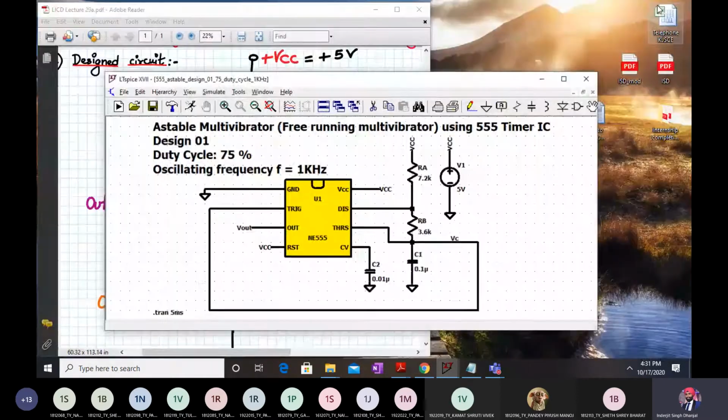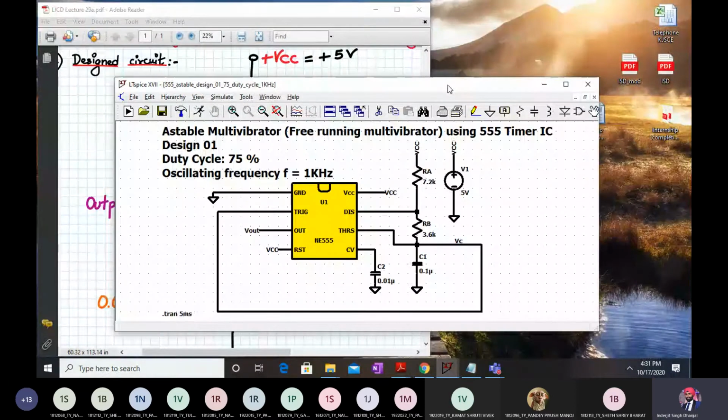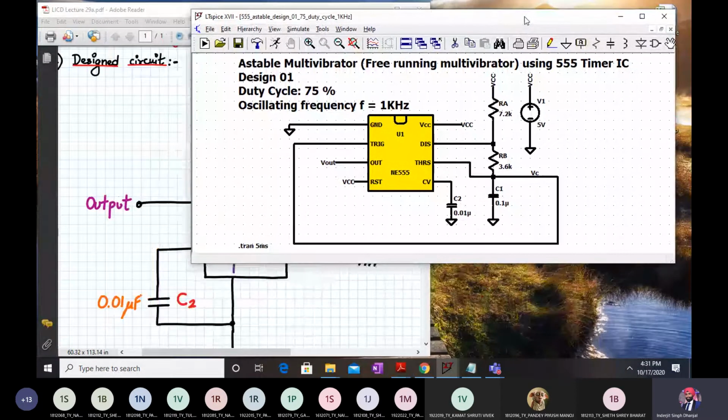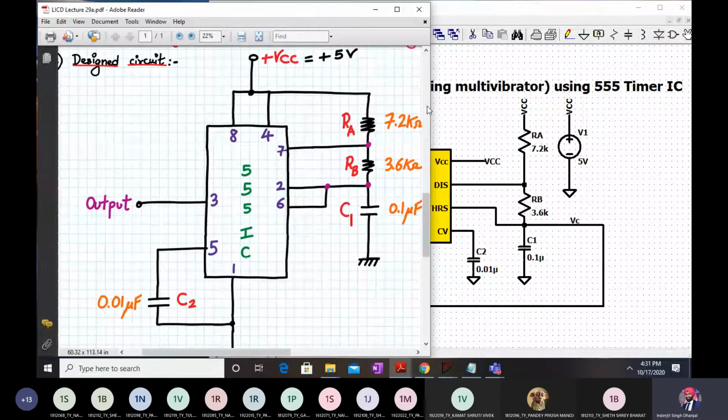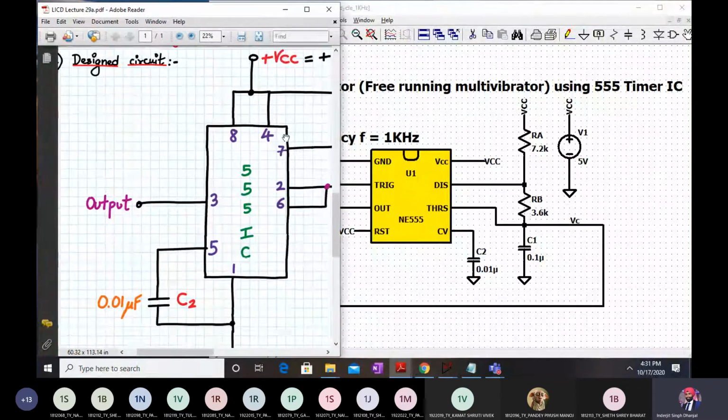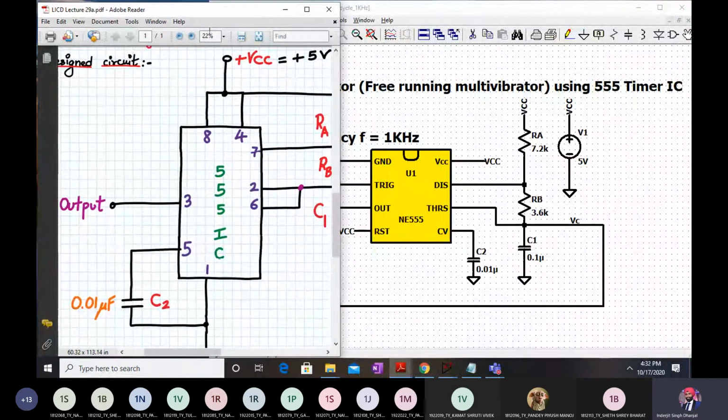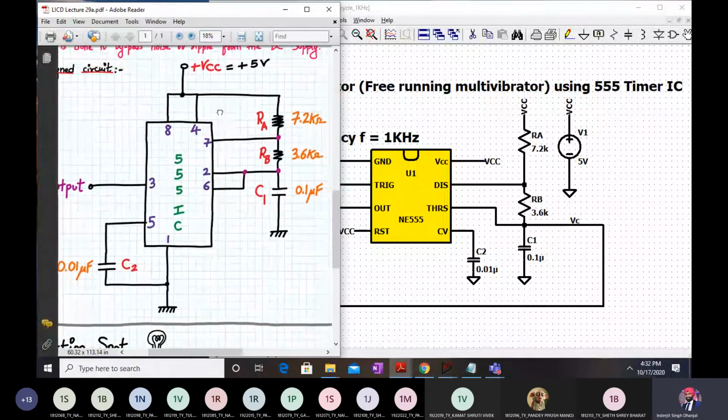Now let me familiarize you with this circuit diagram first. Does anyone know who invented the 555 timer? I discussed that in the last lecture. Does anyone remember the name?